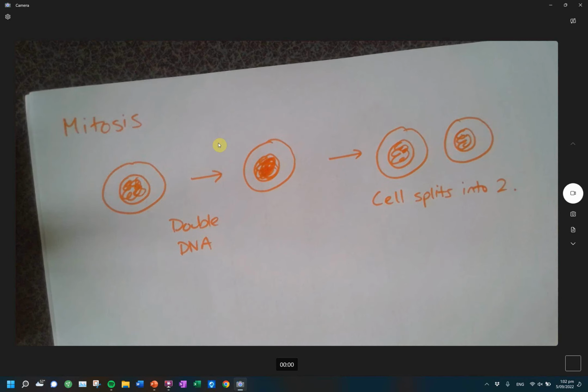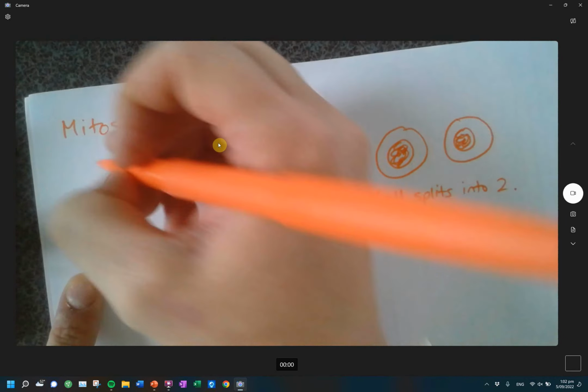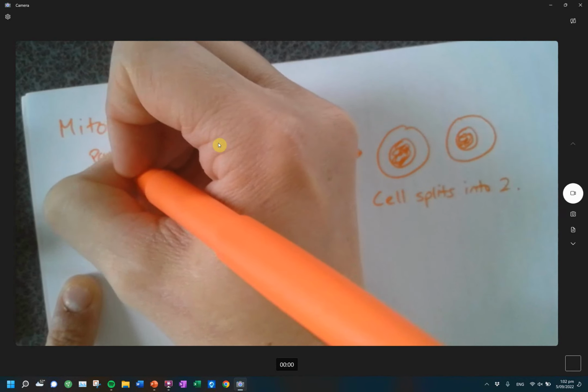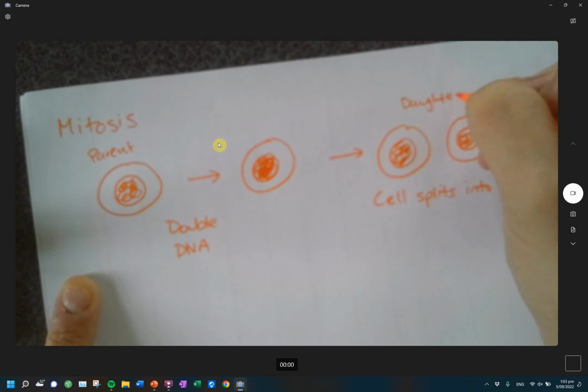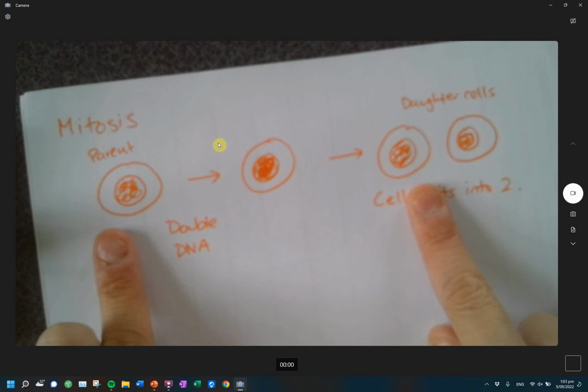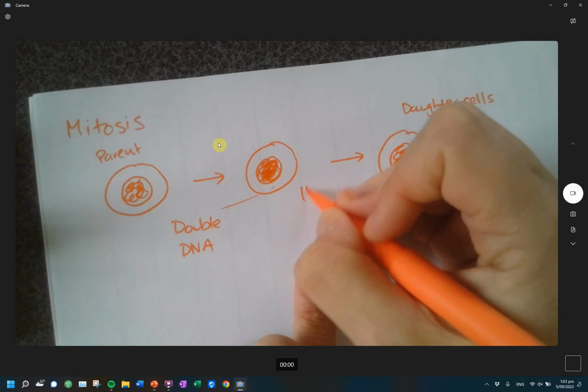Now, with these two cells, do they have the same amount of DNA as the parent cell? These are known as parent and daughter cells. We doubled the DNA in this round, and then in this round we halve it.